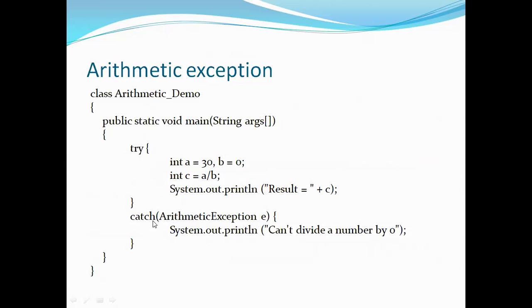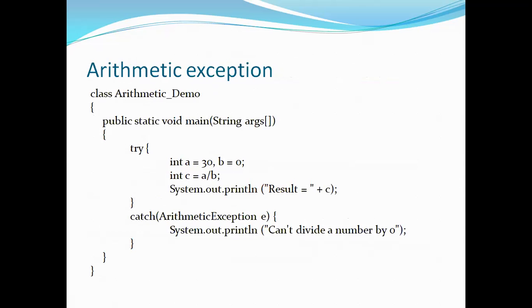Now the catch block, we know that it is a type of ArithmeticException. So this catch block will mention the class of the exception type, along with the object of that exception. I'm taking the object here as e. So it will take that this is the class of exception. I'm printing a statement: can't divide a number by 0. So this is how you'll handle a built-in exception.